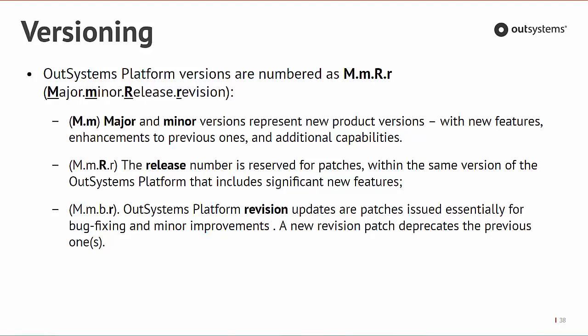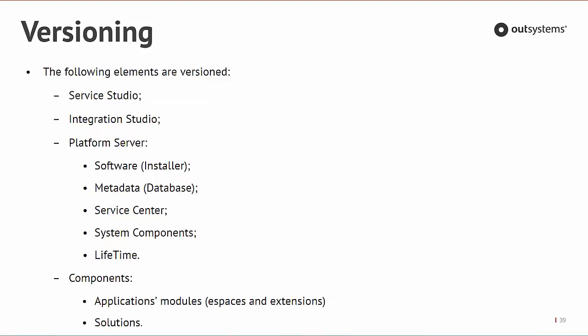in Service Center. So the version is present below the licensing information of the top right gray box that I mentioned earlier. In both Service Studio and Integration Studio, this information is available under Help About. And in Lifetime, the version is available at the bottom of every page. So what's versioned in the platform itself?